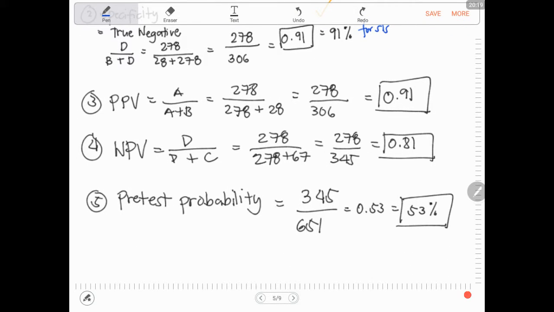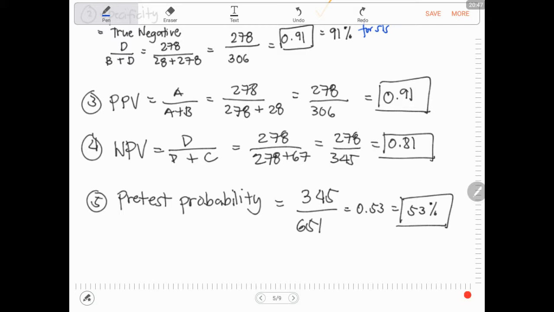Okay. After you were able to calculate that, you can now check for the pretest probability. So, the pretest probability is parang inkling mo, no, of what are the chances of the patient having the disease even without using the test yet.